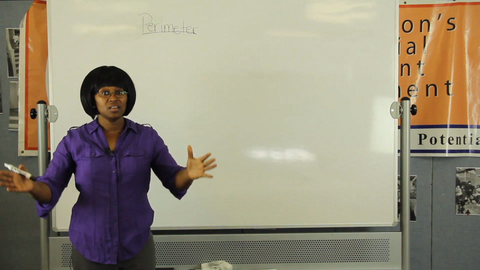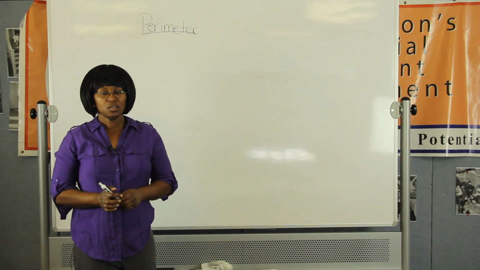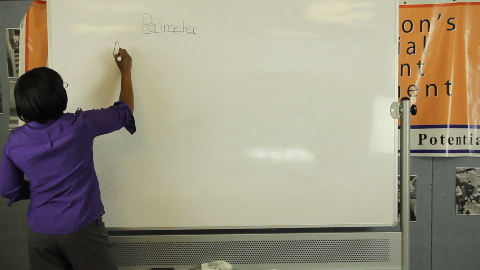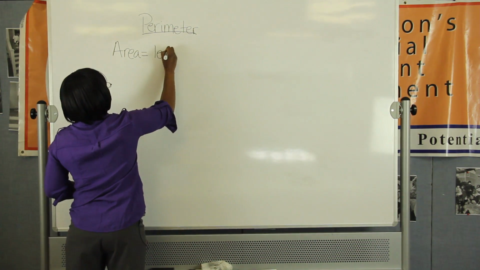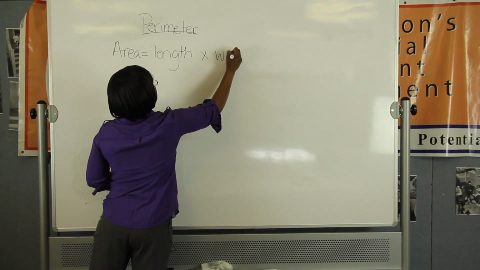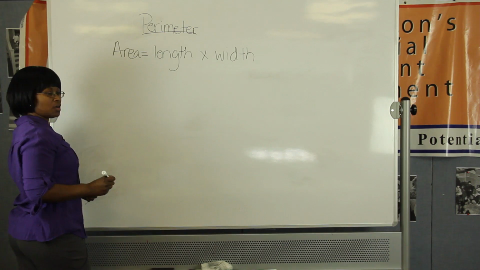So the land is within the perimeter, within the space. So how we're going to find that out is using this formula. Length times width. So I'm going to start out with a square.